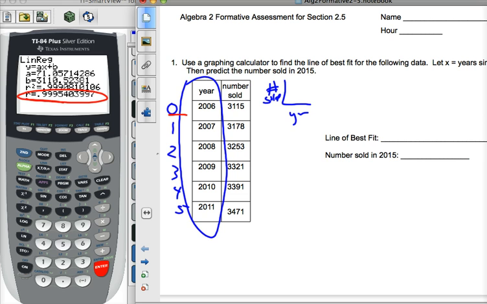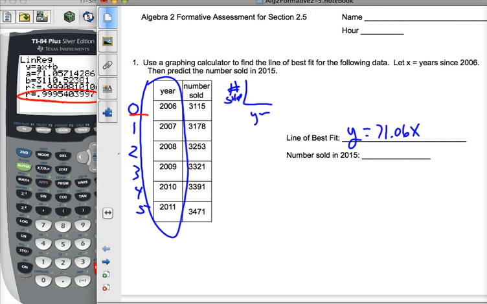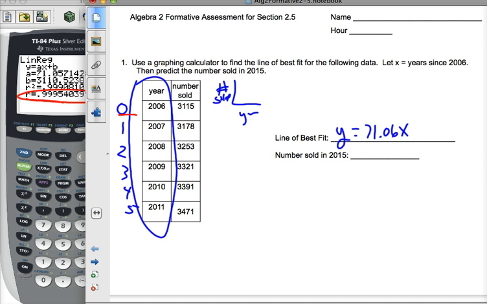So my line of best fit is y equals 71.06x plus 3,110.52. So that's my slope at 71.06, which means that every year I should expect to sell about 71 more. My y-intercept is 3,110.